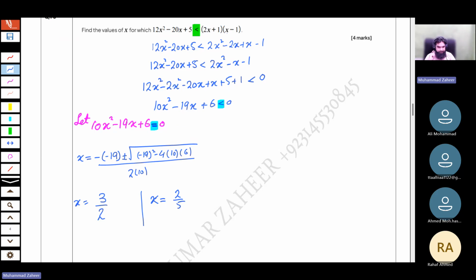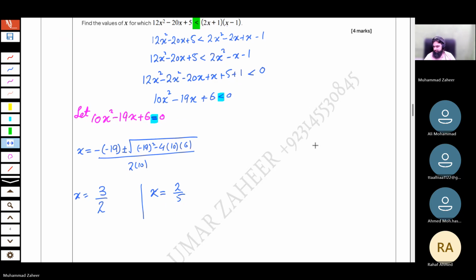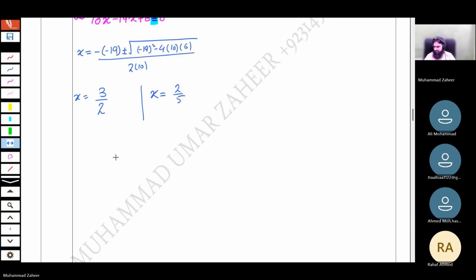Now, what is the next step? Draw the graph of it. Yes, we are going to draw the graph. Is 2 over 5 the smaller value or 3 over 2? 3 over 2 means 1.5 and 2 over 5 means 0 point something. So the first value is 2 over 5 and then we have 3 over 2.